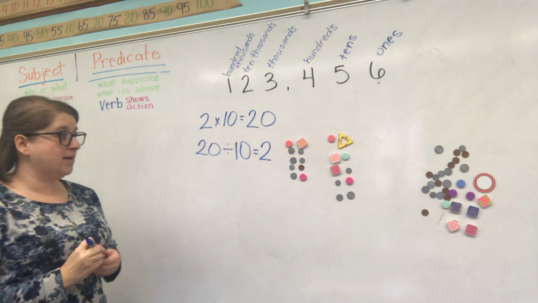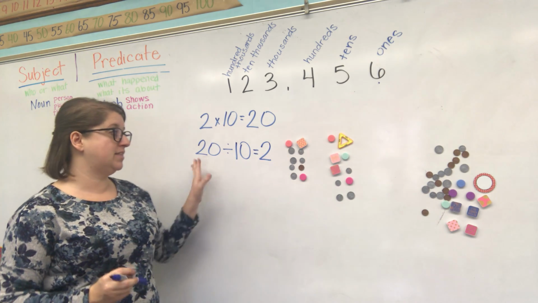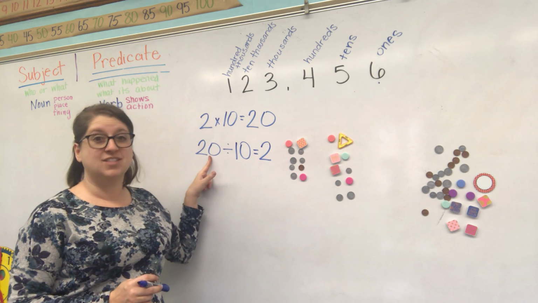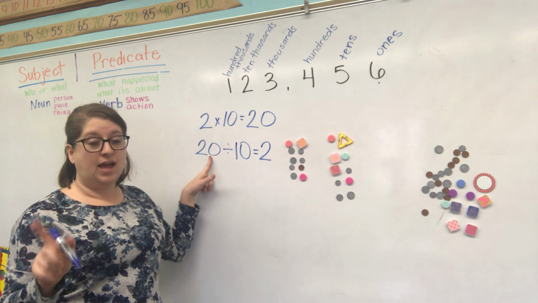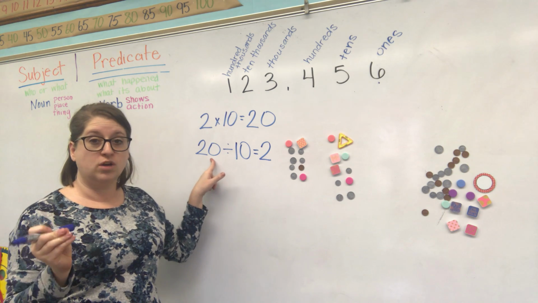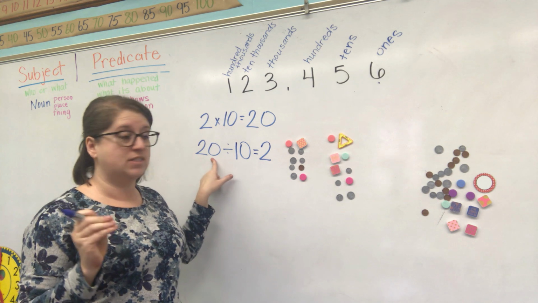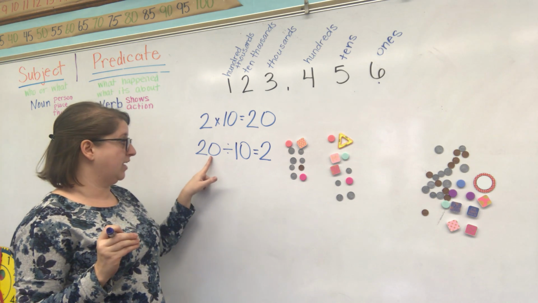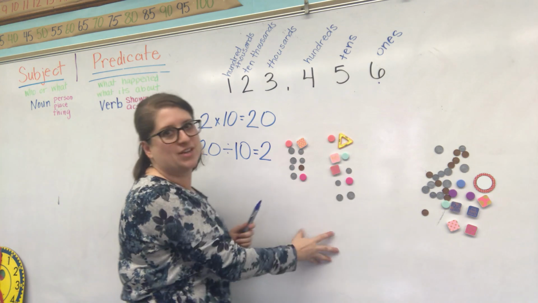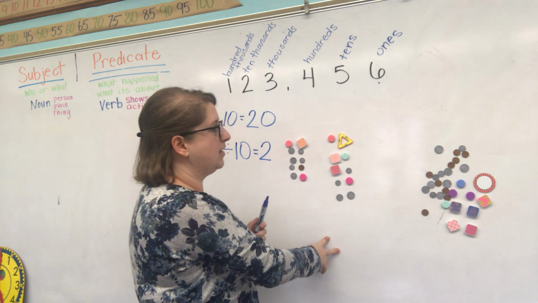So what we do then is, if we were to take this without the multiplying, we would take 20 objects. This is what I want you to practice doing at home today. I think I put on there to use Legos or some sort of small object. I want you to take 20 objects and put them into groups of 10. So here's my 20 objects. I already have them all separated because I was multiplying.